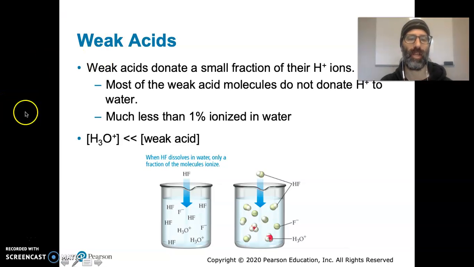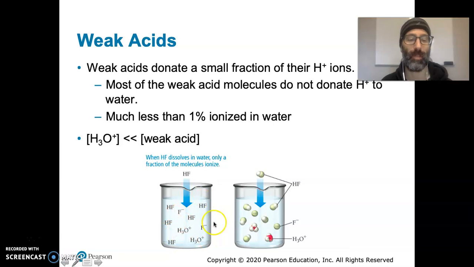So if you're looking at the molarity of the weak acid on the bottle, whatever that concentration is, the hydronium ion concentration is much, much less than that because it's not ionizing very much. The amount of H plus or H3O plus in solution is going to be very tiny compared to the actual molarity of the weak acid itself.